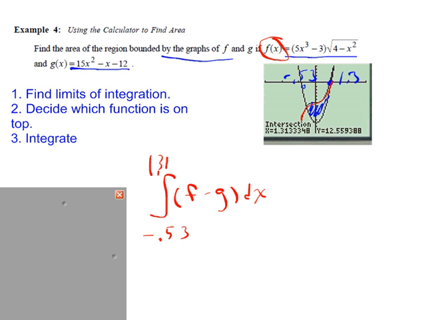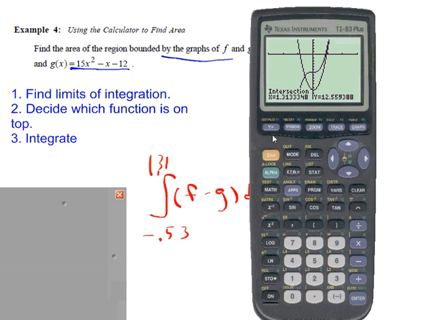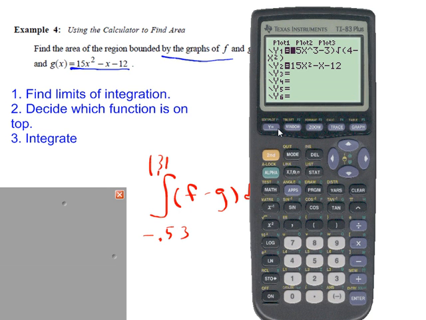And how can I compute that quickly on my calculator? Well, being a little bit clever here, because you're always trying to save a little bit of time, here's y1 is my f, and then I could just subtract my y2 value.